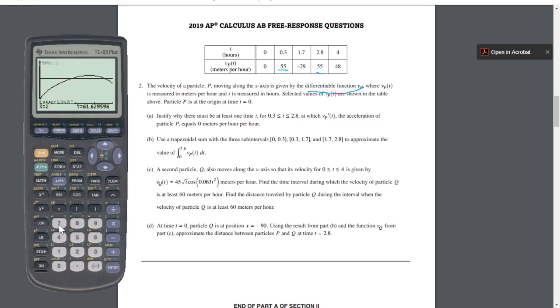Is it because I start at 0? It might be because 0 is not in the window. Let's try this.